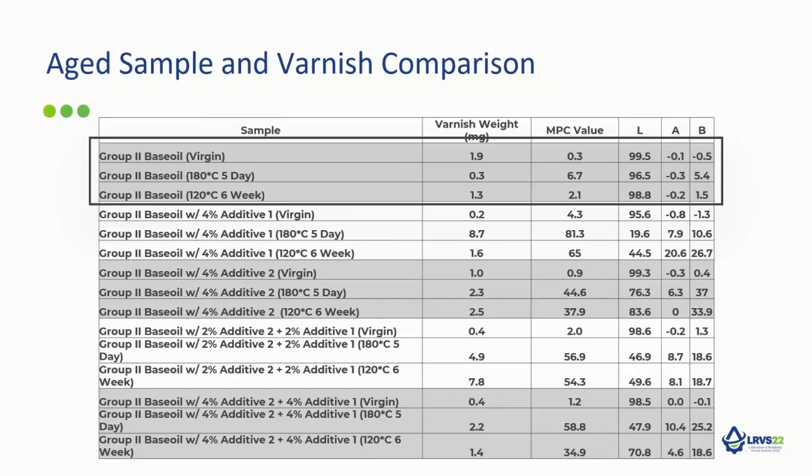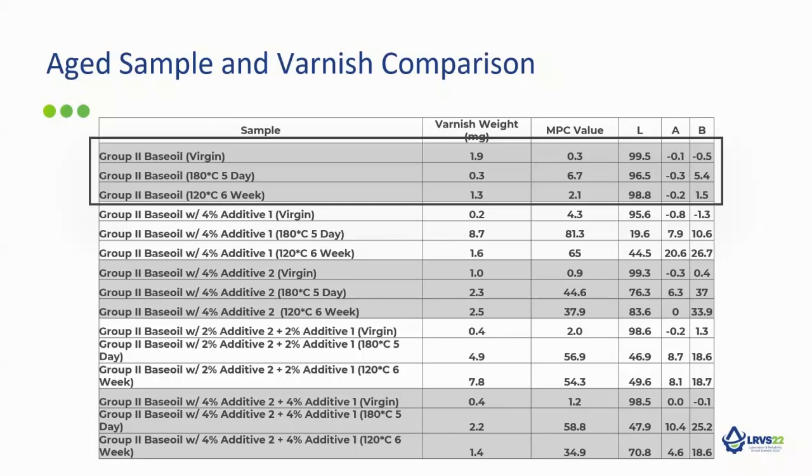However, we see that for this particular example, the MPC of group 2 base oils at 180 degrees for 5 days does not show elevated levels compared to 6 weeks in virgin samples. However, the varnish weight is only 0.3 milligrams compared to the 1.9 recorded for the virgin carrier fluid and 1.3 milligrams for the same carrier fluid.